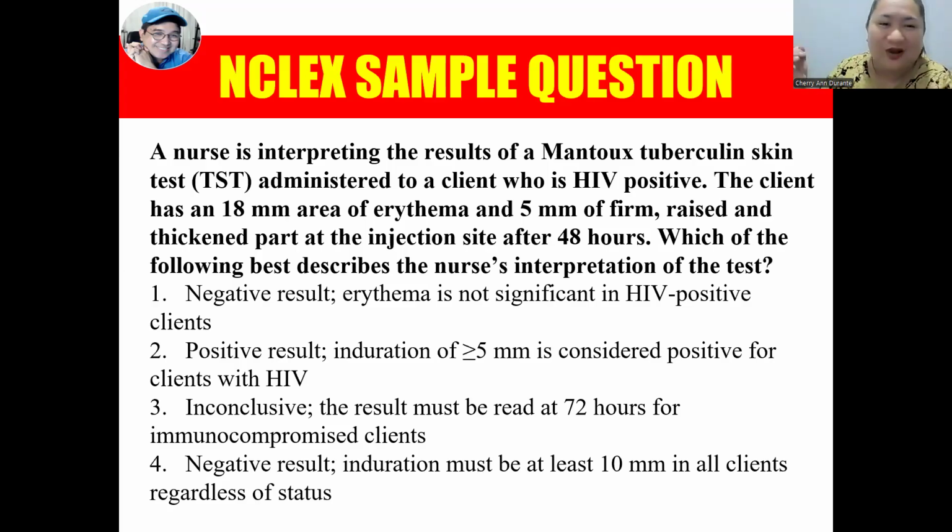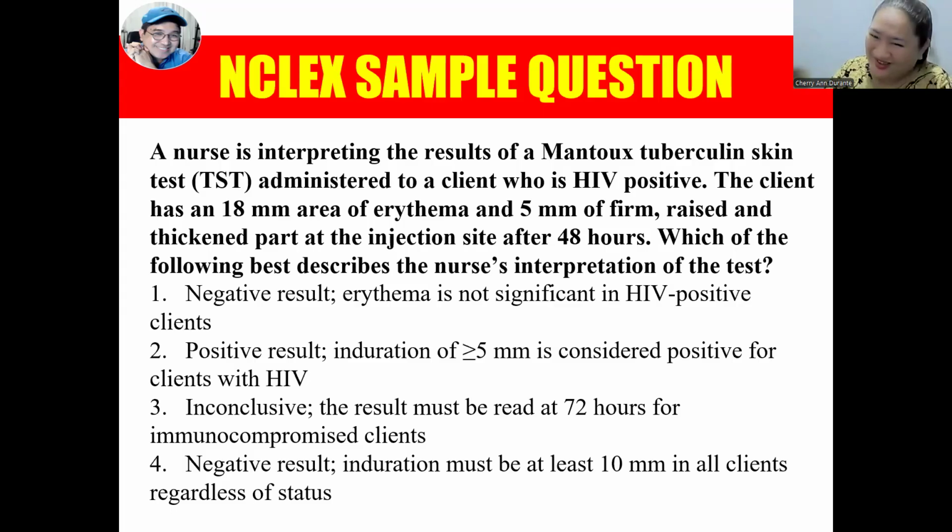This is all about the Mantoux test, your tuberculin skin test. A nurse is interpreting the results of a Mantoux tuberculin skin test administered to a client who is HIV positive.